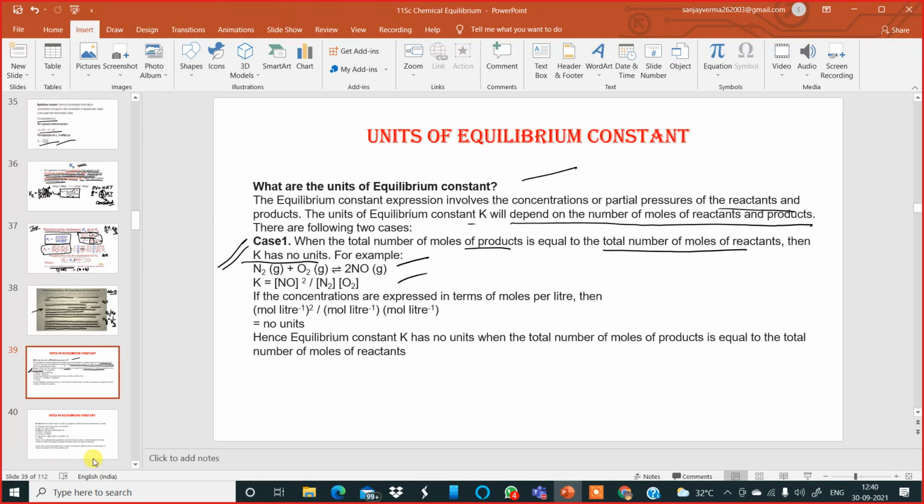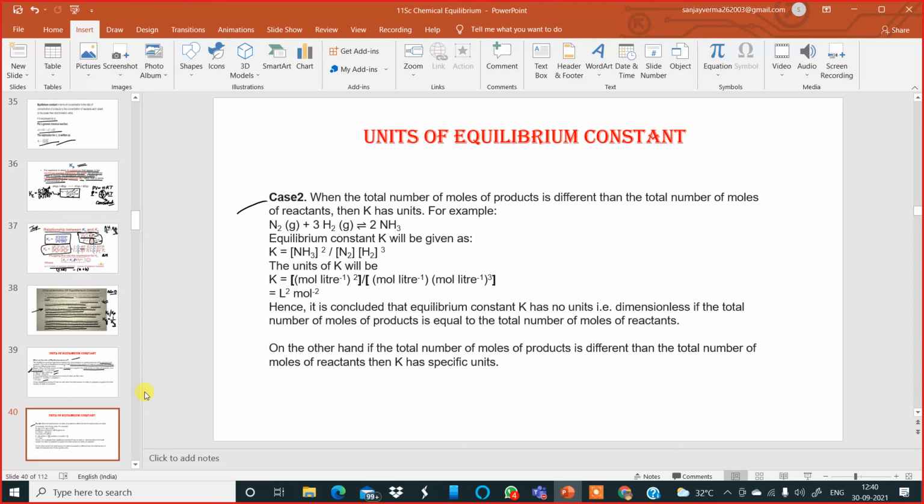For example, you can have a look over here. No unit. But case 2: when the total number of moles of product is different from the total number of moles of the reactant, then K will have units. For example, over here, look at this. Nitrogen and hydrogen, 1 plus 3, that is 4, in the reactant. But in the product, it is only 2 moles.